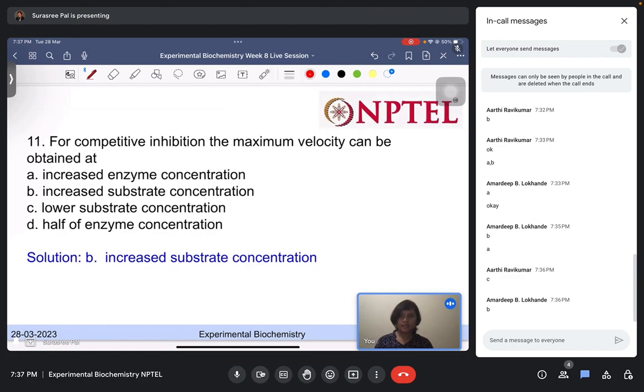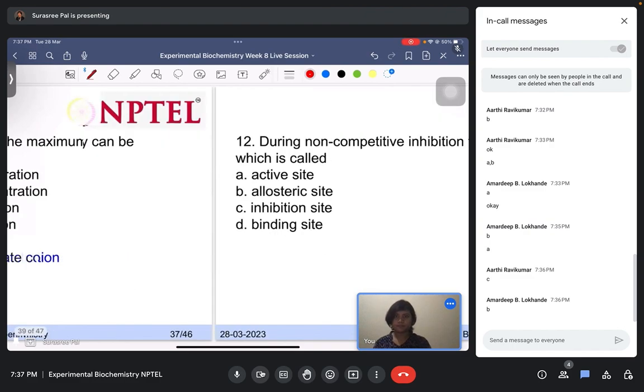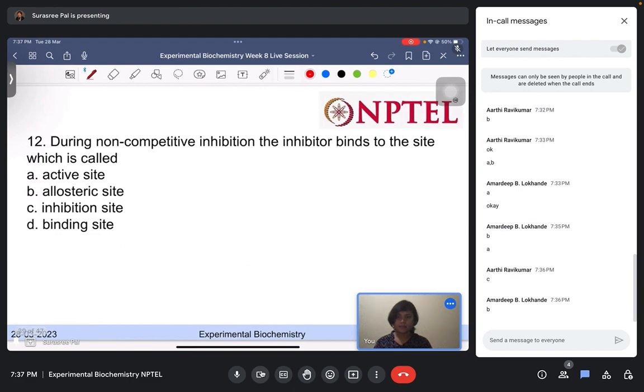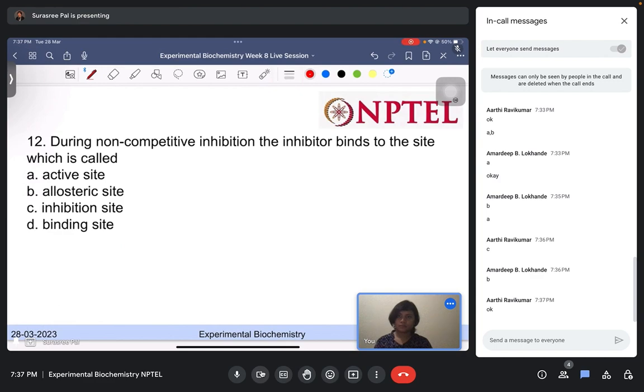So that is why if we increase the concentration of the substrate, the velocity will also increase in case of competitive inhibition. Next question. Is that okay, Aarti, the previous question? All right.